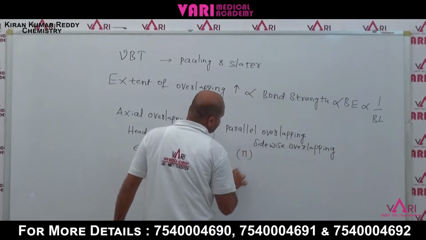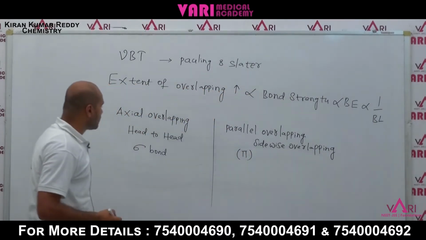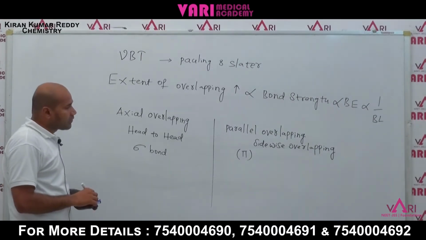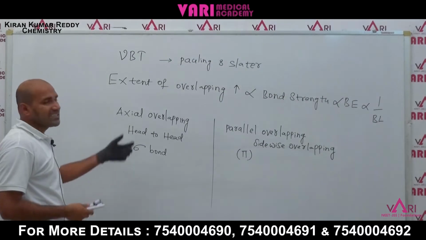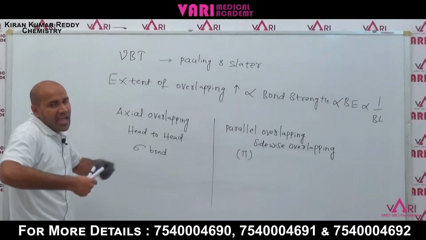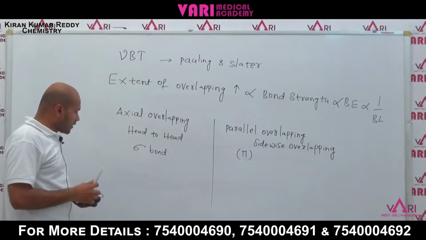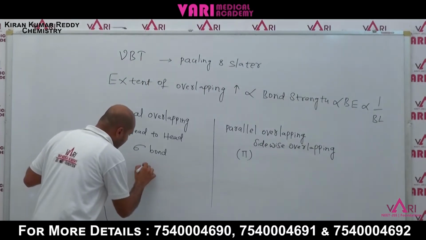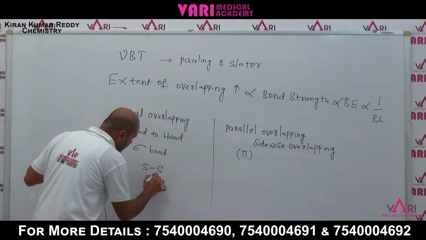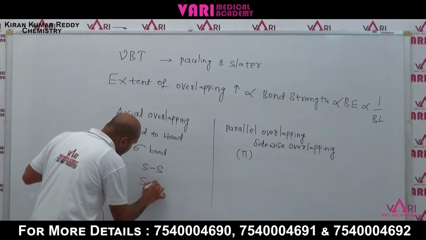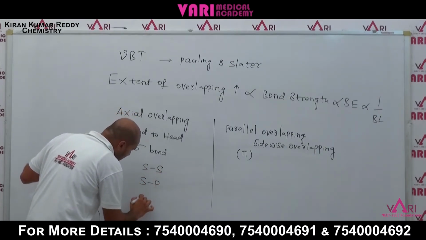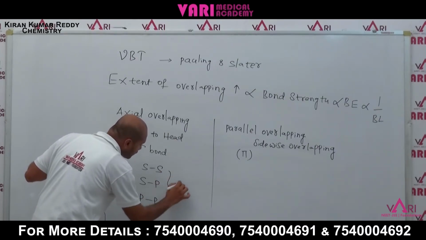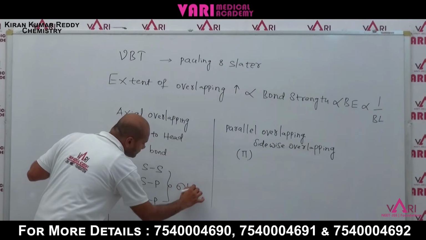This is less extent of overlapping, here is more extent of overlapping. With more extent of overlapping a sigma bond is formed, that is axial, along the internuclear axis. For example, in axial overlapping, s orbital and p orbital, and p orbital and p orbital, they overlap to form a sigma bond.